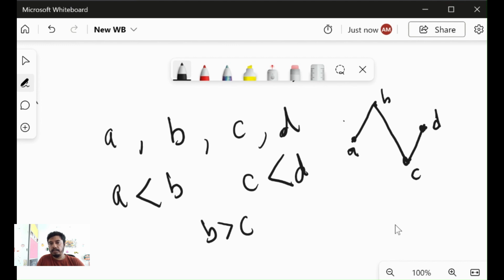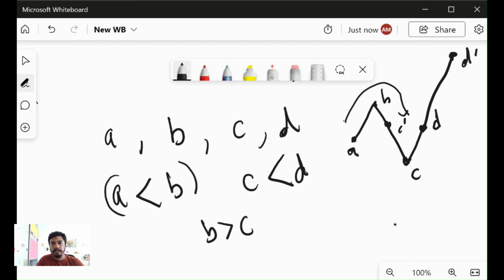This is not the only possibility. D, instead of here, could be somewhere around here, correct? Let's call it D prime. Or C, instead of being here, could have been here. Let's say C prime. So these are the different possibilities, but the relations that we defined are that A is less than B, B is greater than C, and C is less than D.